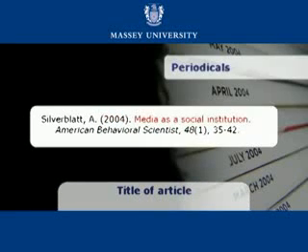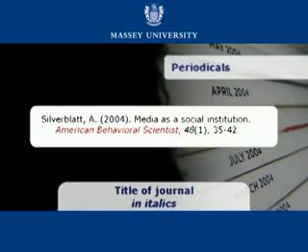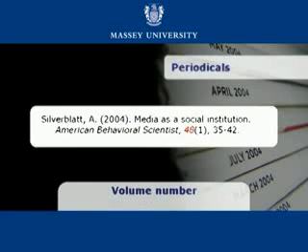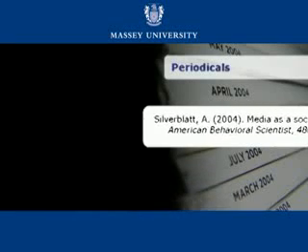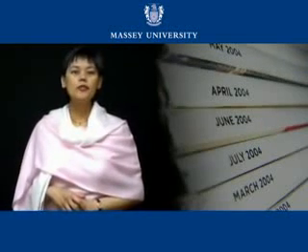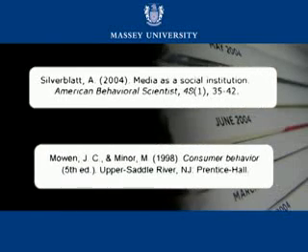Only the first letter of the first word in the title is capitalized. Compare this with the earlier example of a non-periodical source. Do you see how the details are different?